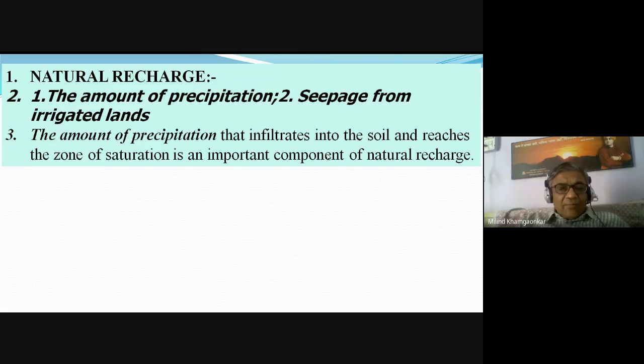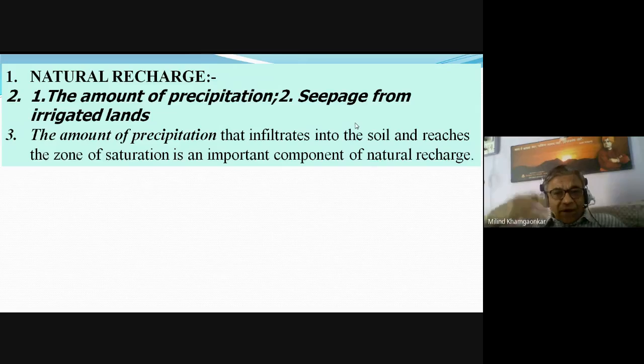So whatever part or percentage of the rainfall percolates into the soil and moves downwards towards the aquifer via infiltration, via percolation by gravitational force, and reaches the zone of saturation is called the natural recharge.